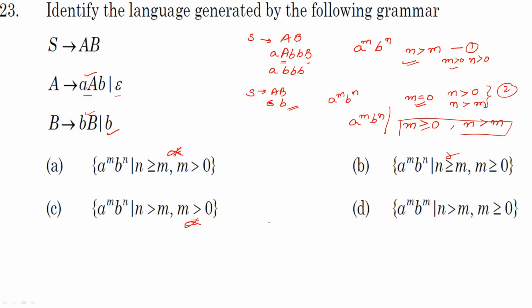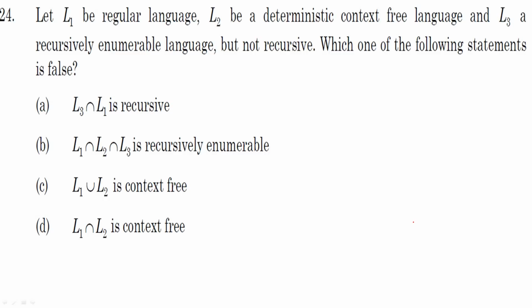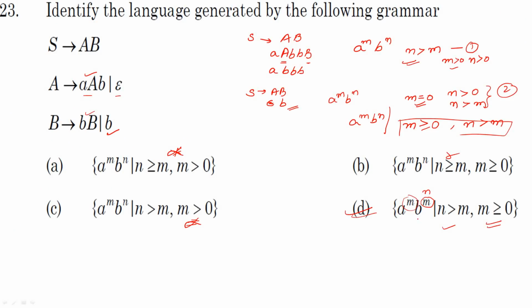Here m is greater than or equal to 0 is fine, but in both cases they have written m. It may be a printing mistake, it should be n. So our option can be D if it was replaced with n. In the ISRO question paper, this question was not included in the calculation. So the answer is D, with n in place of m, which was a typing mistake.